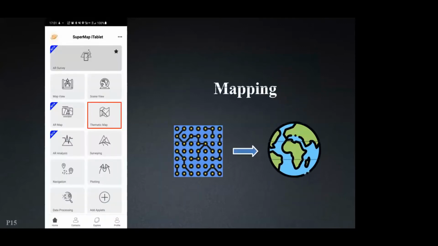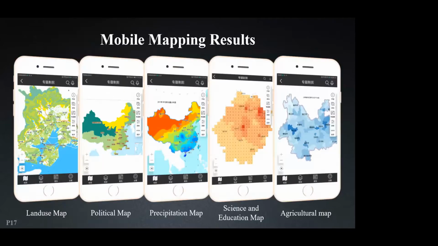And the next one is about mapping. After you have the data in the template, you can directly map on the mobile, so you don't need to upload the data to the desktop terminal and do the mapping using the desktop terminal.